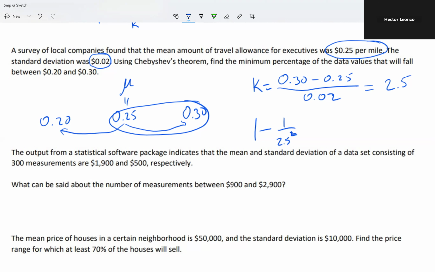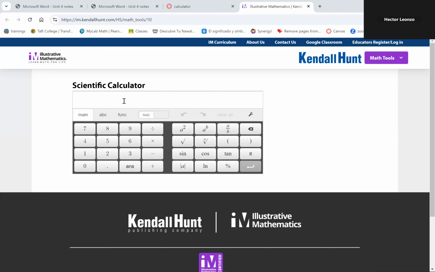I'm going to type this on my calculator. Like I said, use the calculator I gave you guys on Canvas. It's pretty simple to use, so use that one. Watch, let me show you the calculator. This is easy to use, right? I'm just going to go 1 minus, I need to type in a fraction, so I go here.